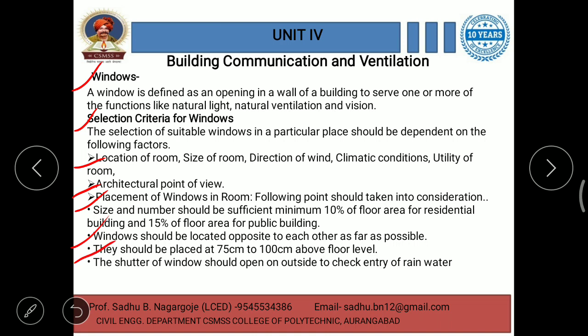They should be placed at 75 centimeter to 100 centimeter above the floor level. This is again important. The shutter of window should open outside to check entry of rainwater.